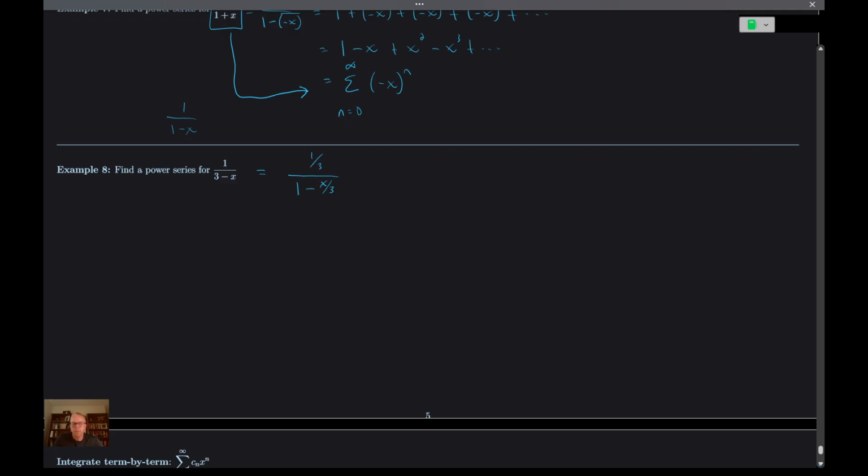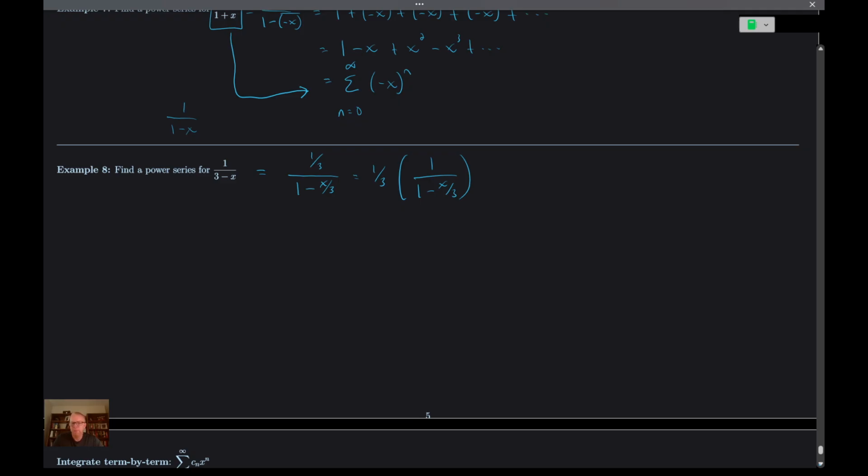Now, we need a 1 on top. So let's pull out the 1/3. So let's write this as 1/3 times 1 over 1 minus x over 3. Okay, so now it looks more like this, because we don't really care what this one is. We really just want a 1 here and a 1 here. So now we have that.